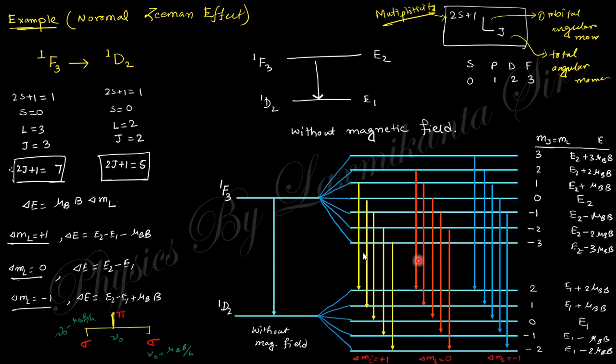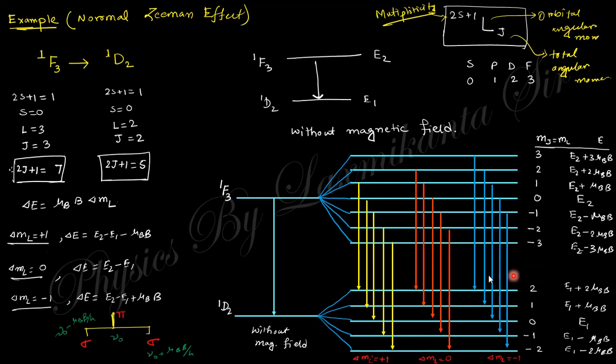Now the selection rule says that delta ml equals 0 and plus or minus 1. If you take delta ml equals plus 1, that means final minus initial equals 1. So final is 2 and initial is 1, so final minus initial will be 1. In these you will get these five lines where delta ml equals plus 1.